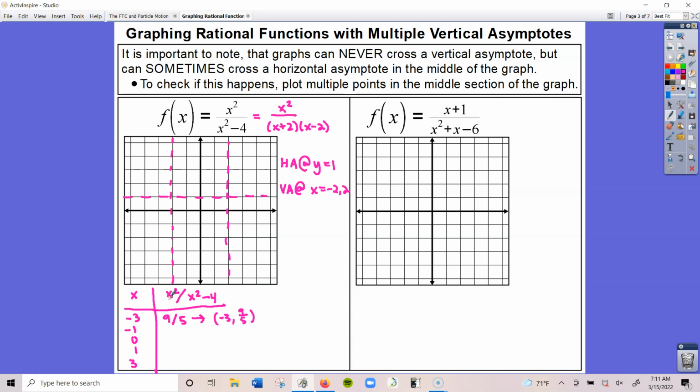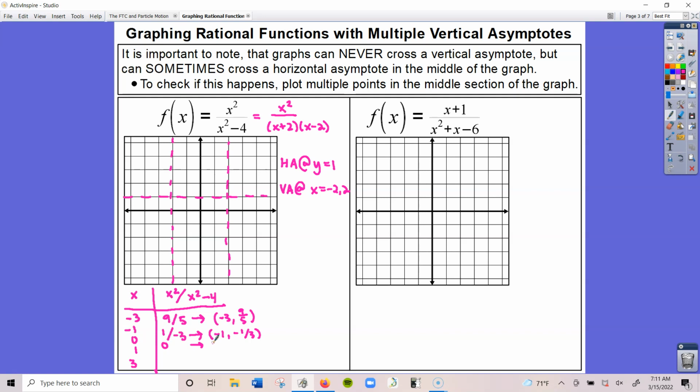Now if I plug in -1, -1 squared is 1. -1 squared again is 1 minus 4 is -3. So this means that we have a coordinate at -1 and -1/3. Now if I choose 0, 0 squared is 0, and then 0 minus 4 is going to be -4, but 0 divided by anything is 0.